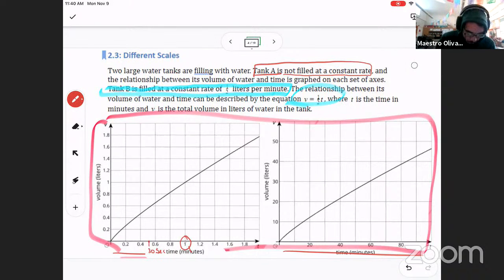So, oh God, I can't even draw a line. Can somebody interpret that point for me? That's 30 seconds, but how many liters of water do I have? After 30 seconds, how many liters of water?